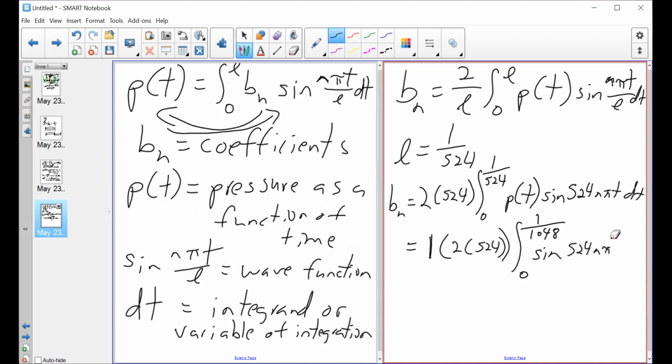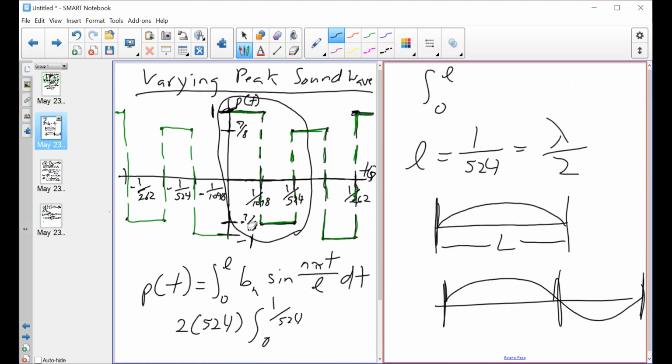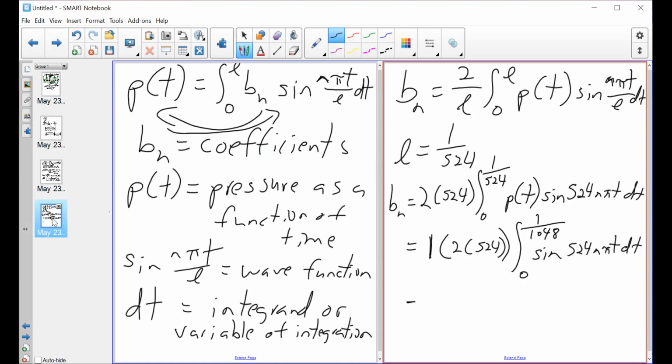N pi t dt. And then that's going to be subtracted. Why subtraction? Because we have the lower bound at negative 7/8. So it's going to be a subtraction. And that's going to be negative 7/8 times essentially this here. I'm just doing the explicit detail. We can see that that's going to be 1048, but I want to spell it all out.